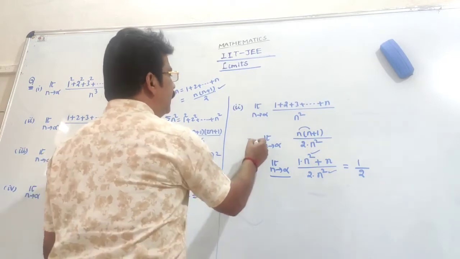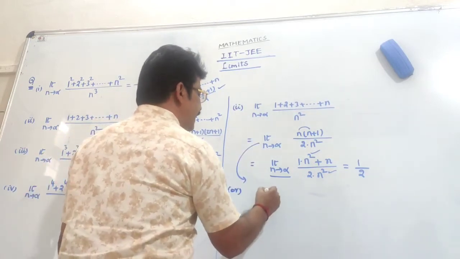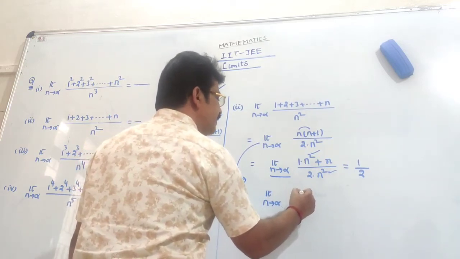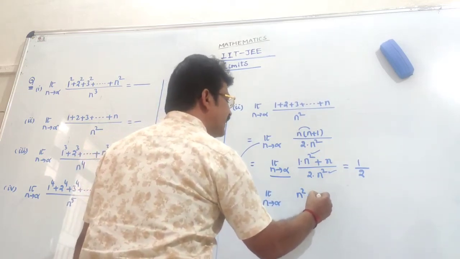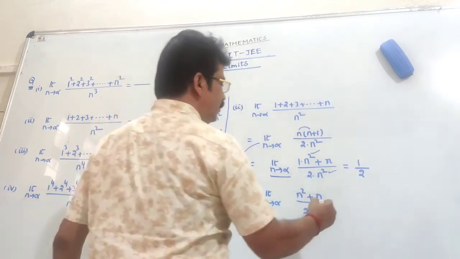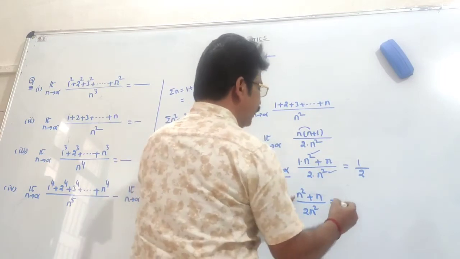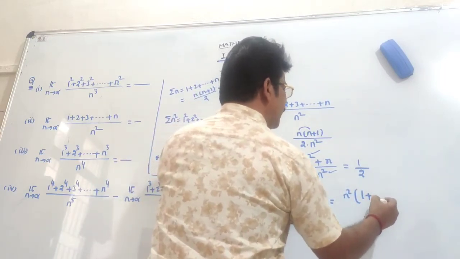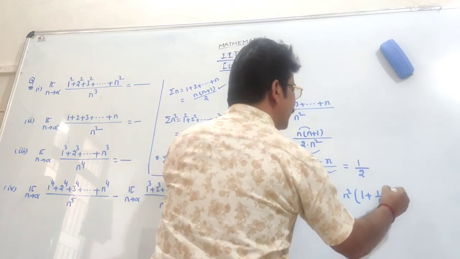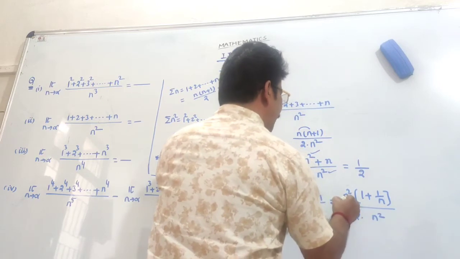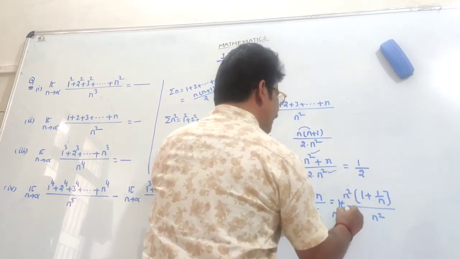Or repeat this one with the limit procedure. As n tends to infinity, it is (n² + n) divided by 2n². Take n² common, so it is nothing but (1 + 1/n) divided by 2, as n tends to infinity.